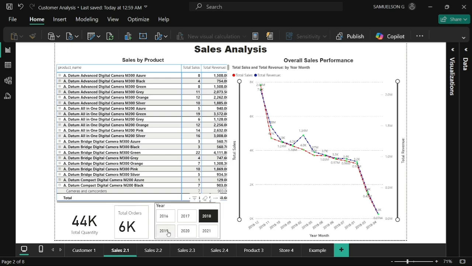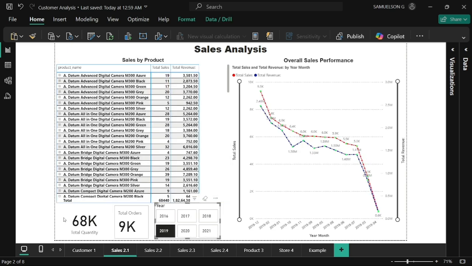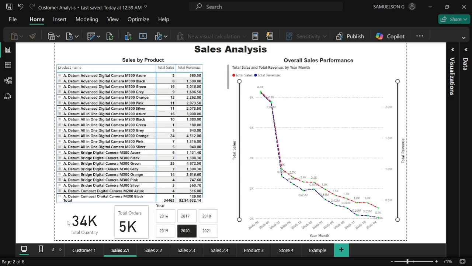In 2019 you can see it's overall increasing, 18 million. In 2020 the quantity is low, but that's not a big deal, because they are selling high-priced products here, the computers and laptops.